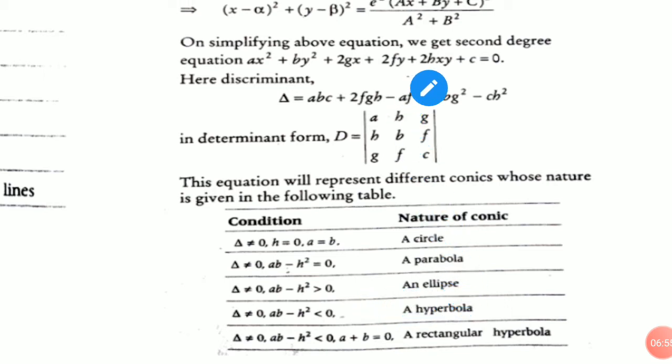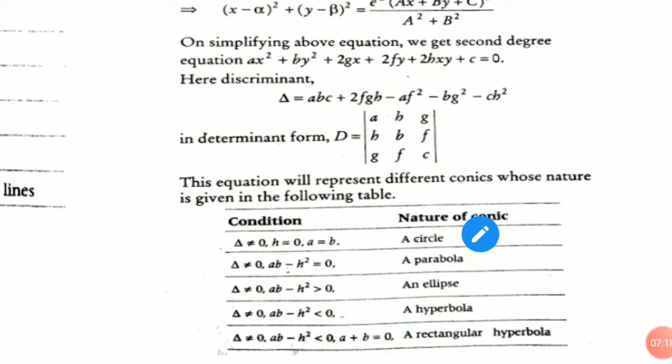So this quadratic equation becomes an ellipse. And what is the condition for a hyperbola? When delta is again not equal to 0 and ab minus h square is less than 0, the second degree equation becomes a hyperbola.